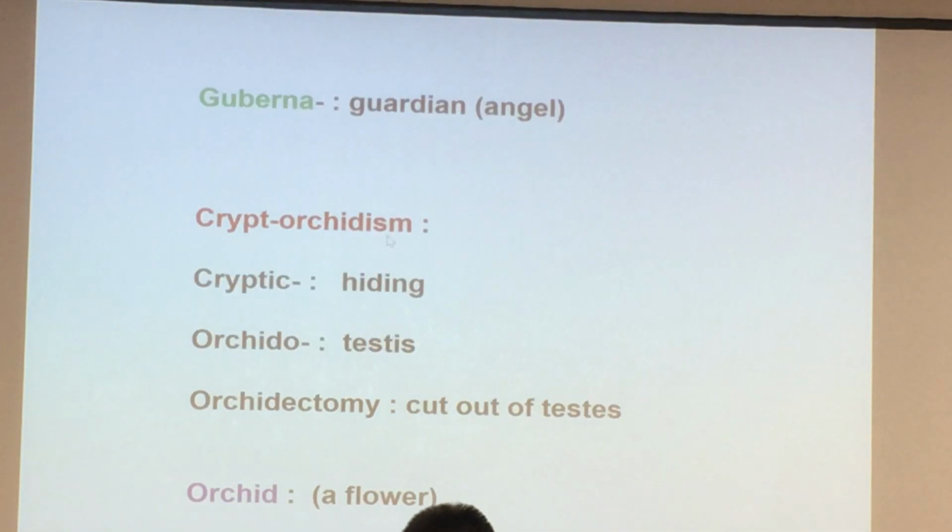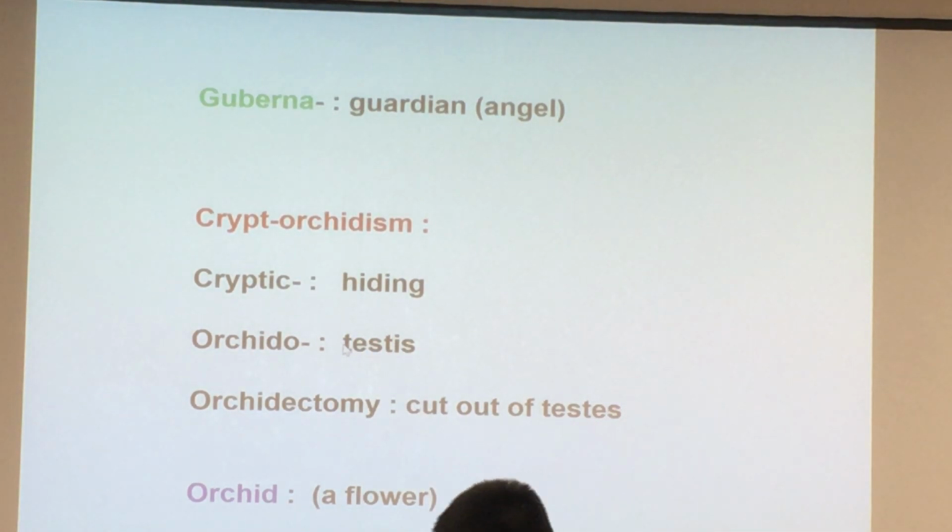Cryptorchidism, you know this word, okay? Cryptic means hiding. Orchido means testes. So it's hiding testes.